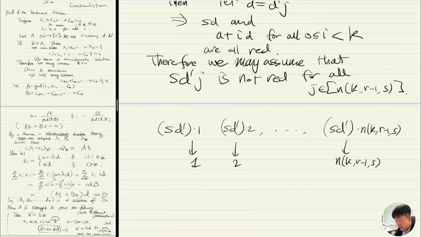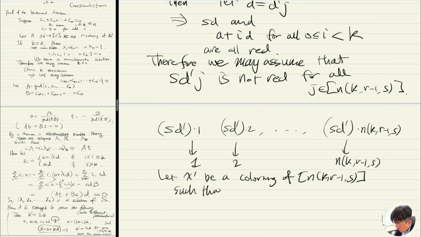And then think of the coloring. So let chi prime be a coloring of n of k r minus 1 s such that chi prime of i is equal to chi of s d prime i.